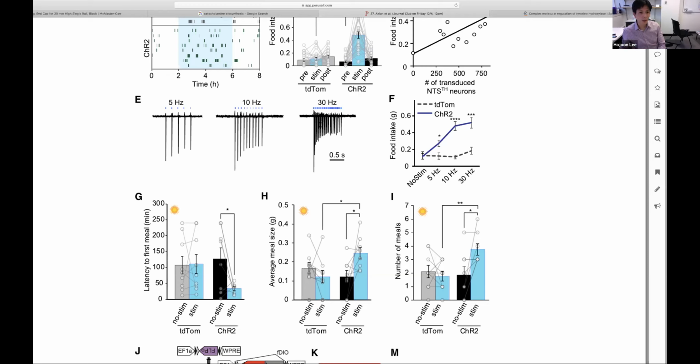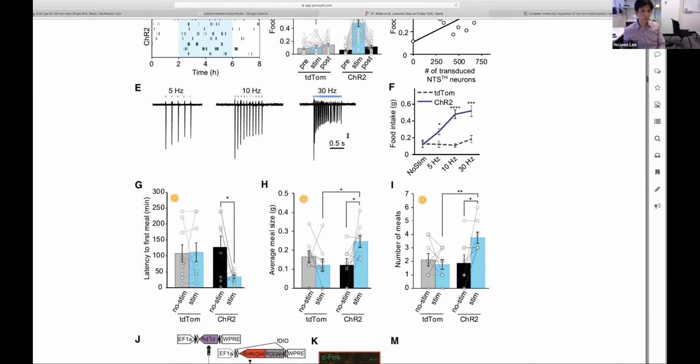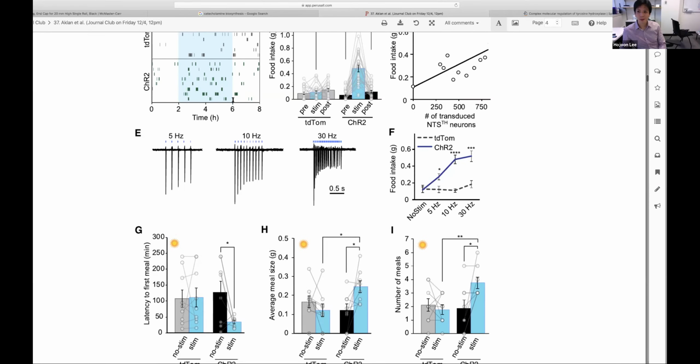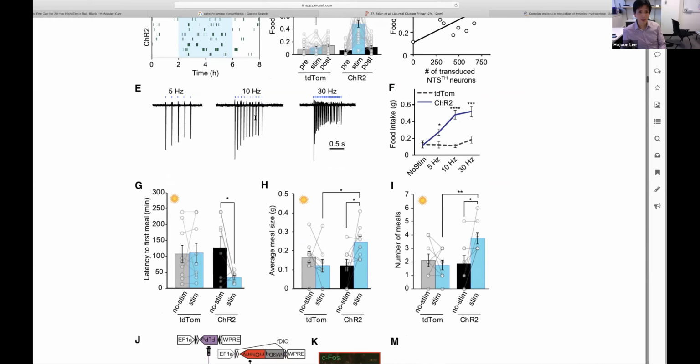It does seem like the first few are stronger, but even after 2 seconds, 1 second, you still see persistent activity. Whether you see the same kind of activity after 2 hours or 4 hours, I don't know. But that's what E is.